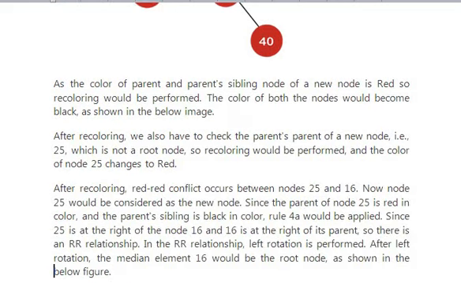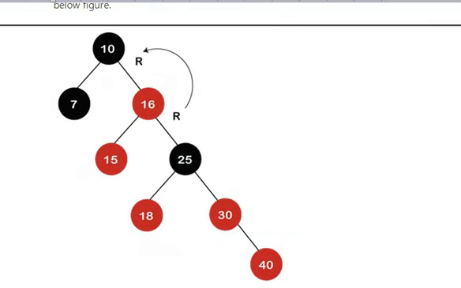So after recoloring, again red conflict occurs between 25 and 16. Since the parent of 25 is red and the parent sibling is black in color, 25 is at the right of 16 and 16 is at the right of its parent. So there is RR relationship. You can see the tree.